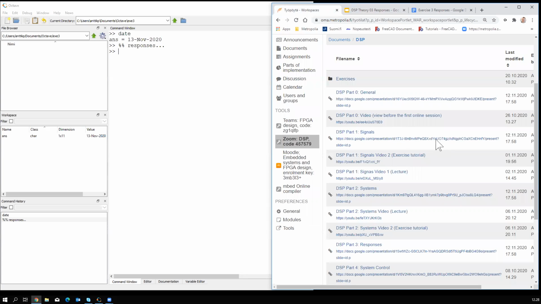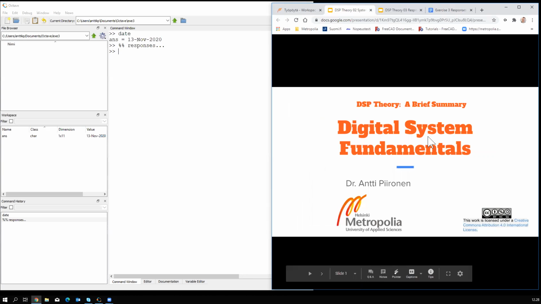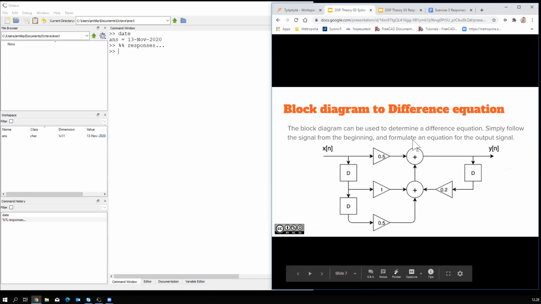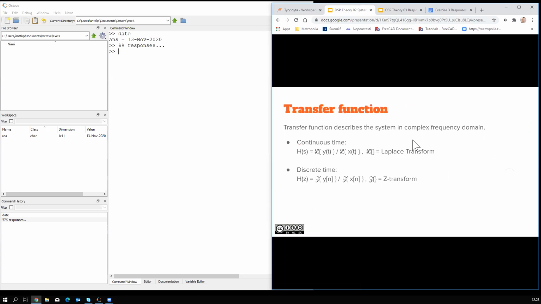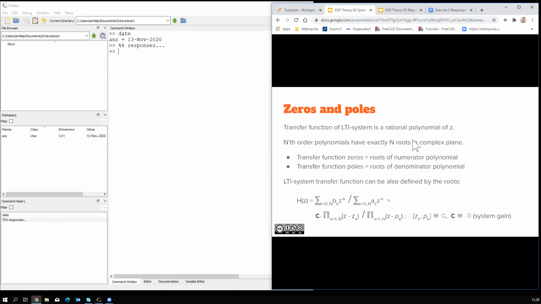Maybe I should open the systems block diagram, transfer function. Okay, here we have it. So the transfer function has the sum form where the polynomials are sum form polynomials, or then broken into first order polynomials and a product of those first order polynomials. Both of these forms are exactly the same.